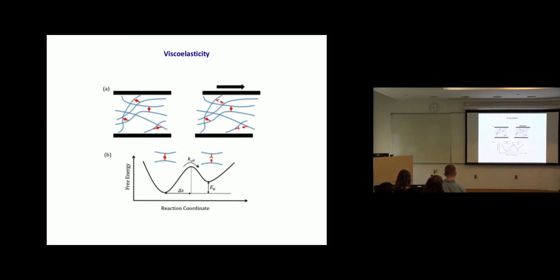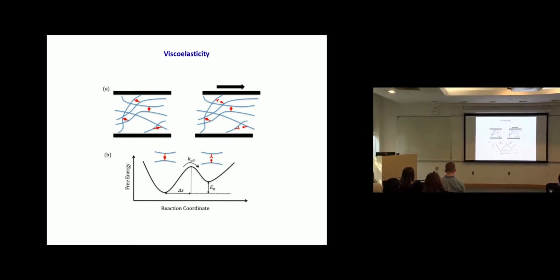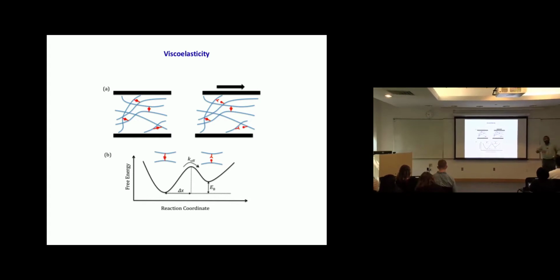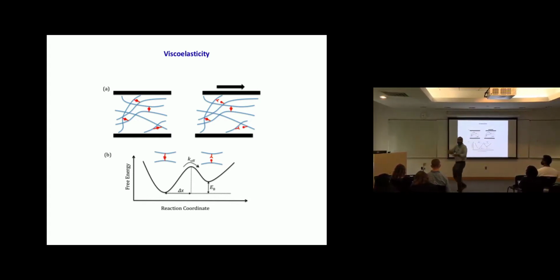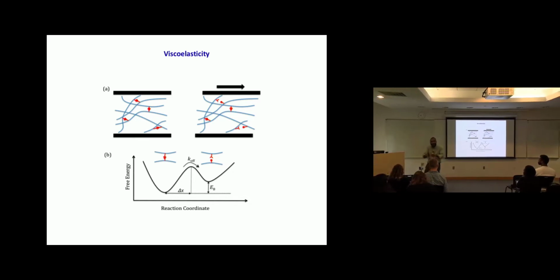But with time, it prefers to be in a lower energy state because you applied a force. So some of these crosslinkers would want to break, but they can't do that right away because there's an energy barrier. So it takes time for them to break. And as they break, your material is softer because you don't have to deform as many crosslinks. That's the reason why you get the relaxation of the force.